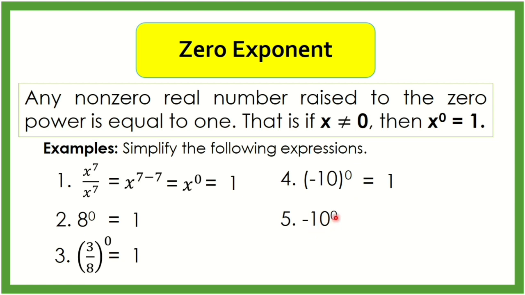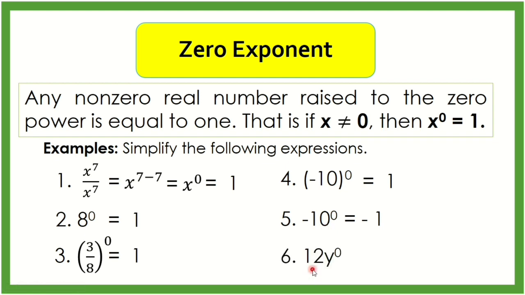Ang exponent natin ay 0, ang base natin is 10. So, meron tayong negative dito. So, we have negative, ang value ng 10 raised to 0 is 1. Kaya, ang sagot natin is negative 1. Okay, so, tingnan maigi kung merong parenthesis yung given o kaya naman ay wala.